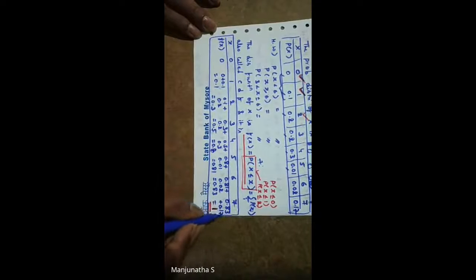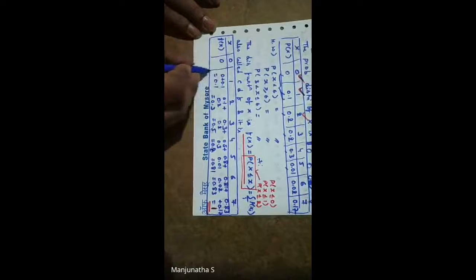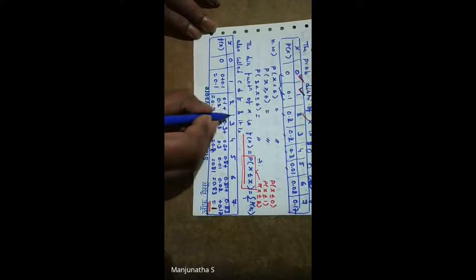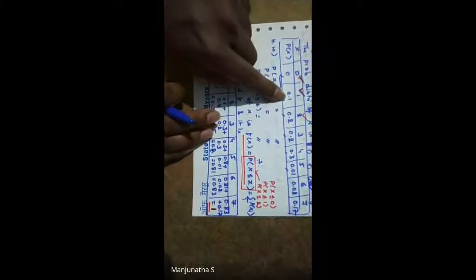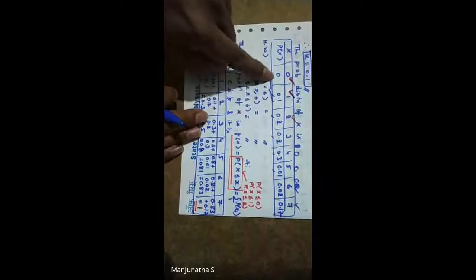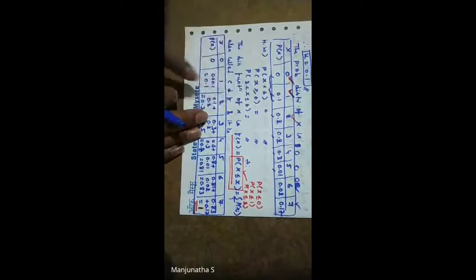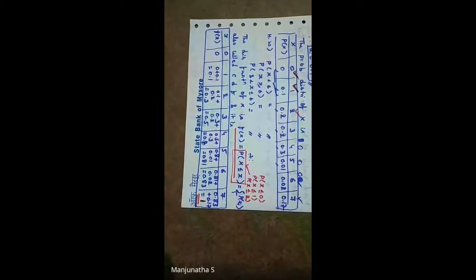If you have any doubts on this, you can ask me. We just need to add the preceding value to the present value, like this one. Preceding value plus this value, similarly preceding value plus that value, like that, so on, continuously.